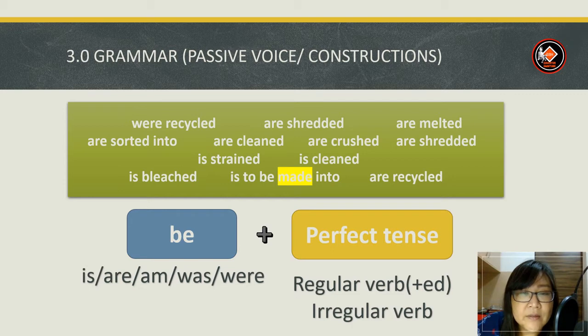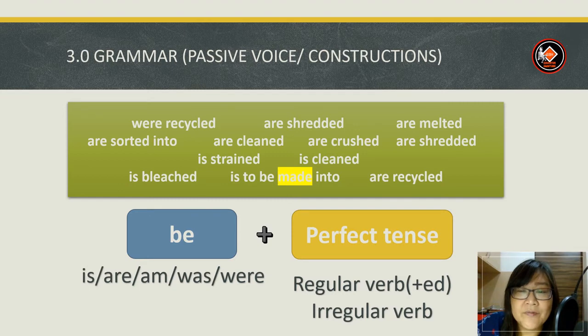Now let's look at were recycled, are shredded, are melted, are sorted into, are cleaned, are crushed, are shredded, is strained, is cleaned, is bleached, is to be made into, are recycled. So here the verb to be, you can use is, are, am for present simple or was, were for past simple.